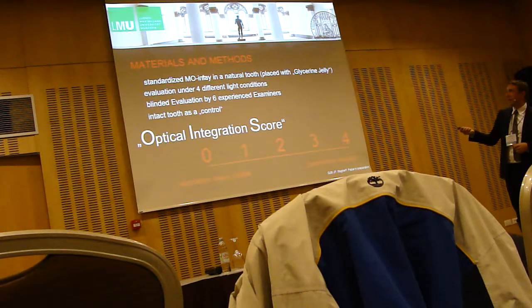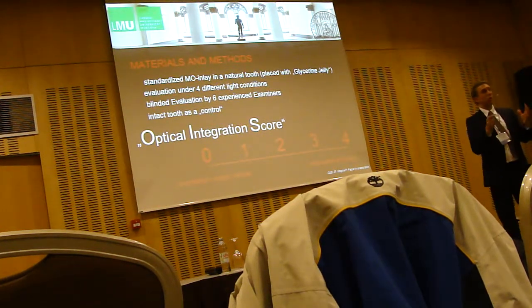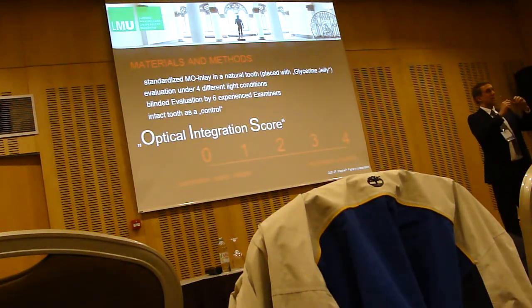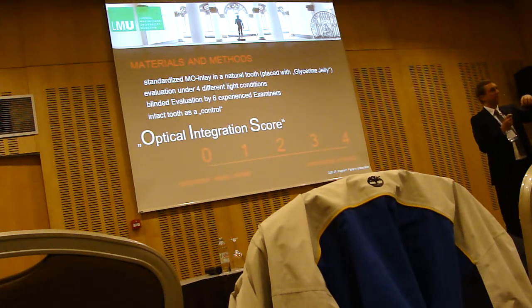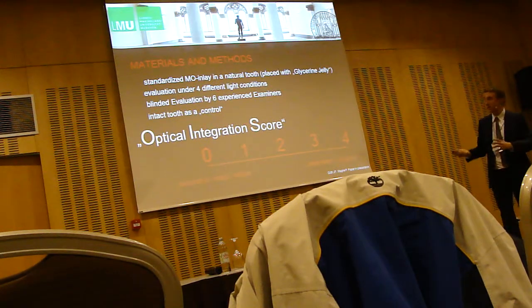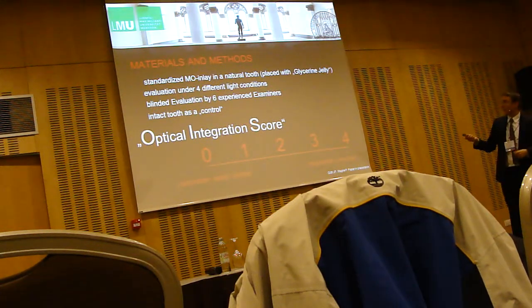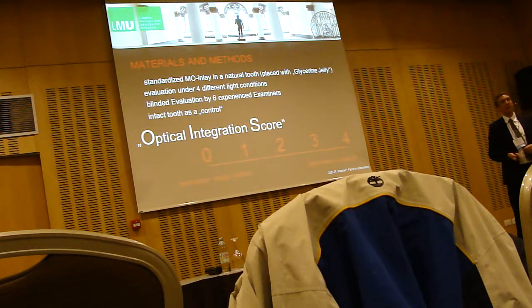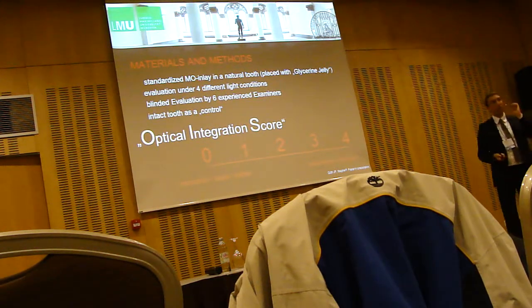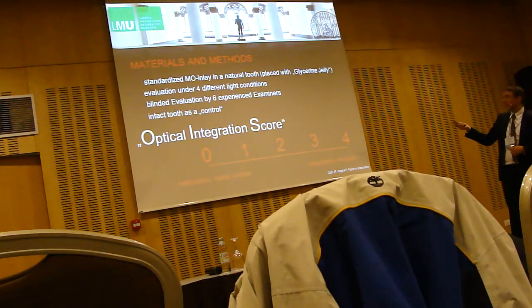It's about MO inlays, this means mesio-occlusal inlays. We need some space on the tooth to have a restoration, and we wanted to compare around the tooth. You'll see the preparation later on. We used the natural tooth and replaced it with standardized MO inlays from different materials, with a glycerin jelly.